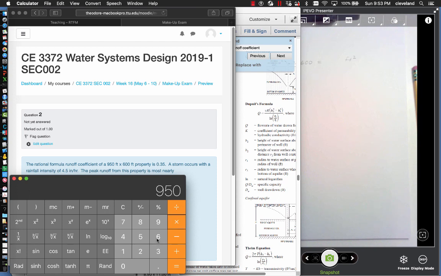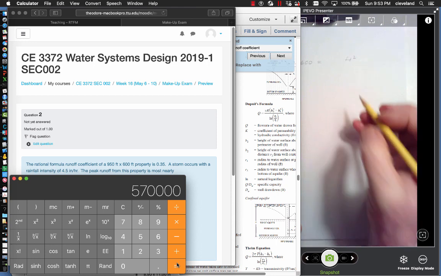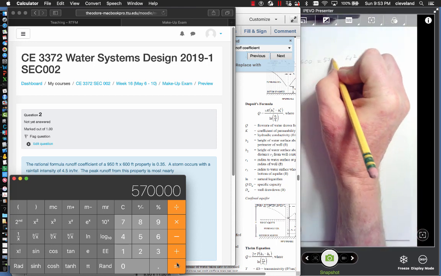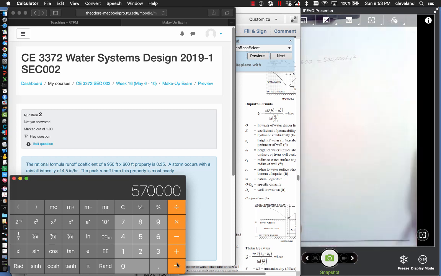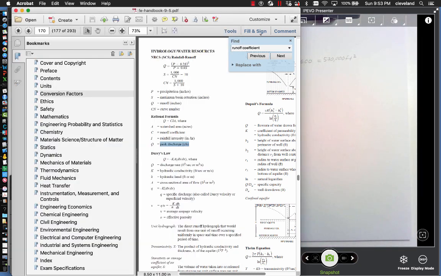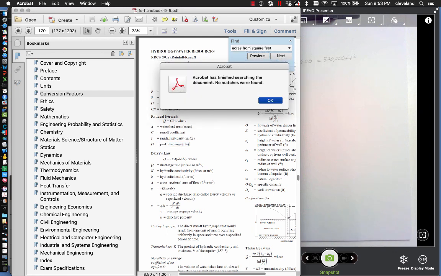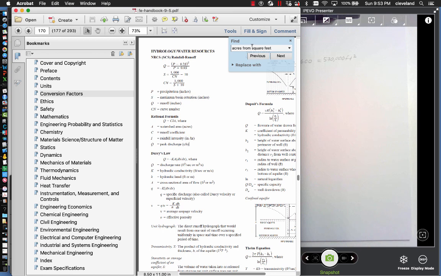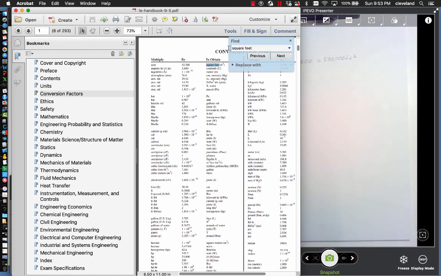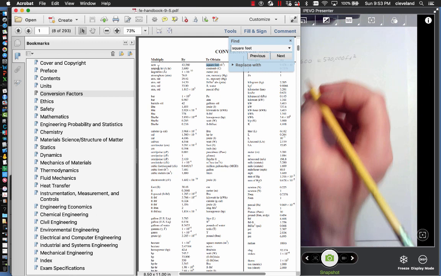950 times 600 equals 570,000 square feet. We need to convert square feet into acres. Okay, so we multiply an acre by 43,560 to get square feet.